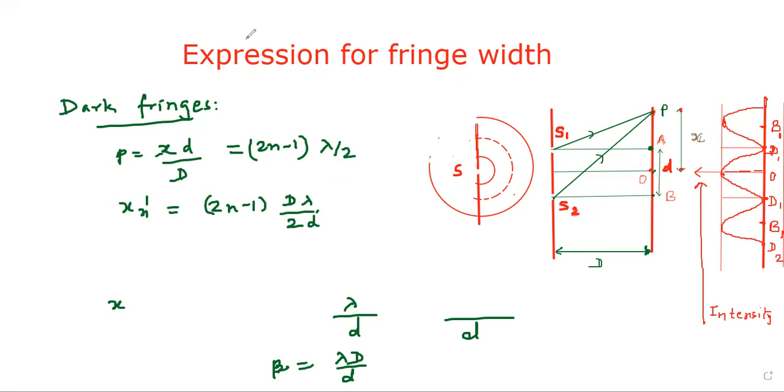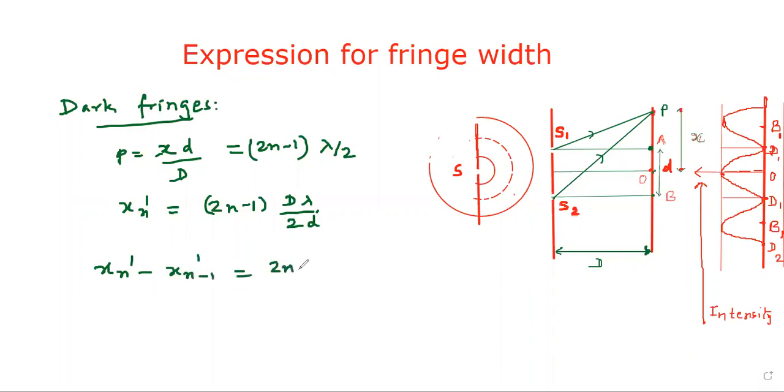Now, we find the fringe width in this case. So we take the difference between two successive fringes. So xn dash minus x(n minus 1) dash. That will be (2n minus 1) D lambda by 2d minus, here we replace n by n minus 1.